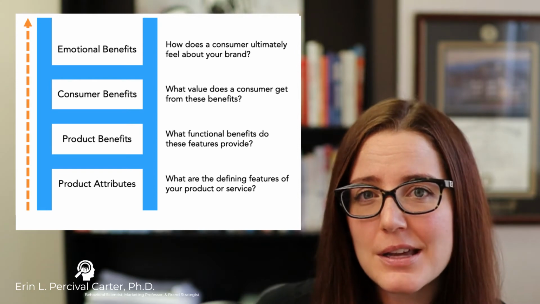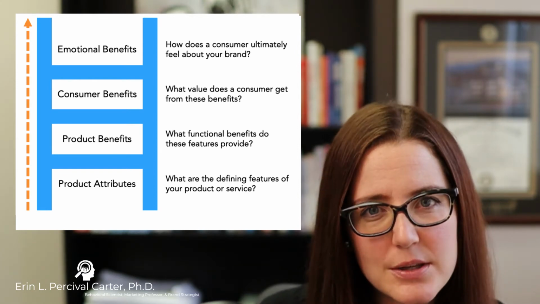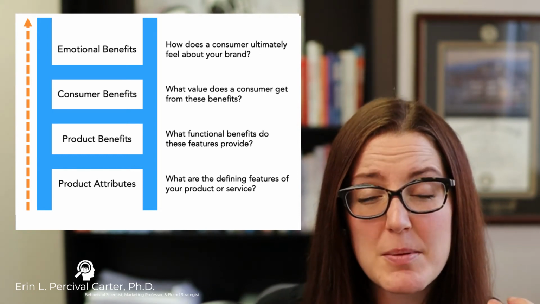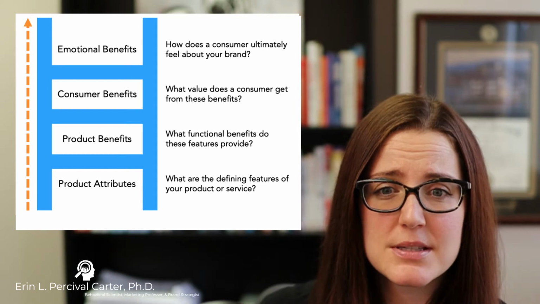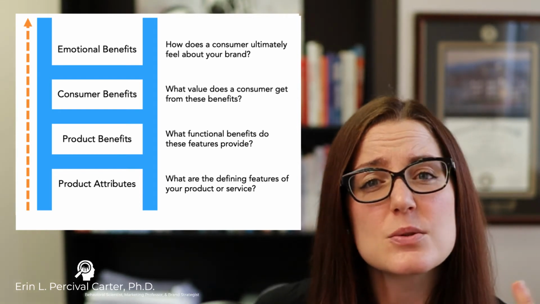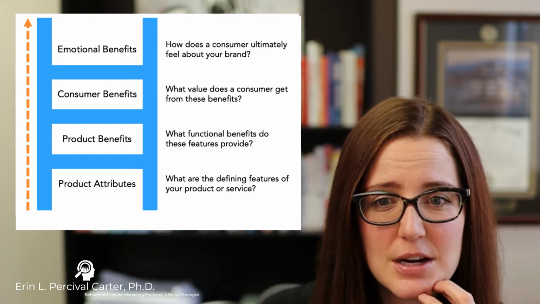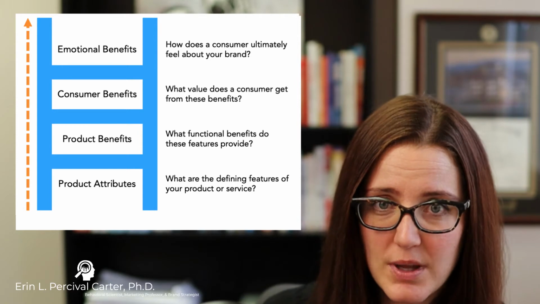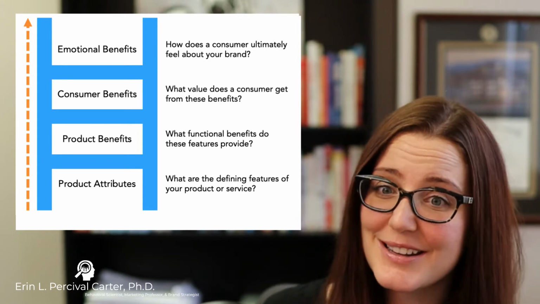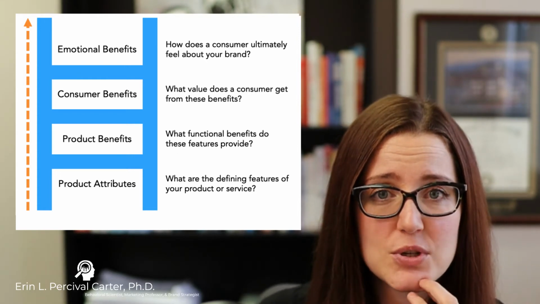And then finally, at least in this version of the model, push on those a little bit more. How do those consumer benefits translate into maybe more abstract emotional benefits? What do we think our consumer ultimately is going to feel, is going to experience as a result of engaging with our brand? So you can see how we're starting with something at a relatively low level, a product attribute, pushing on it until we get to emotional benefits at a higher, more abstract level.